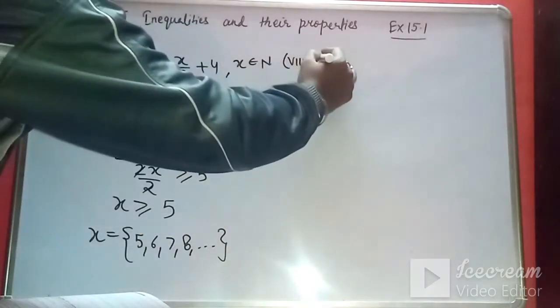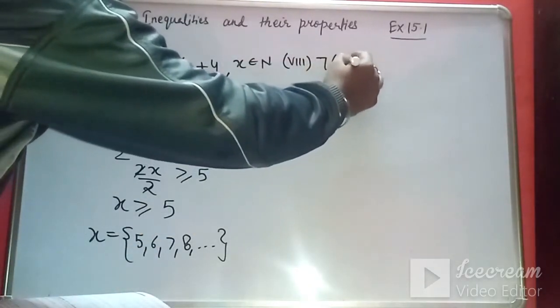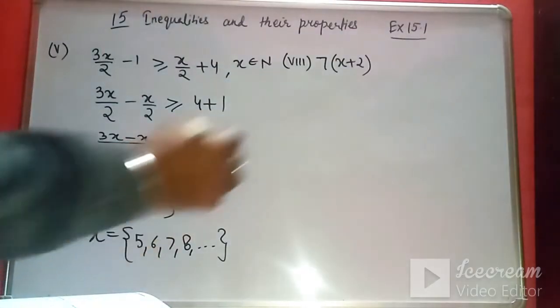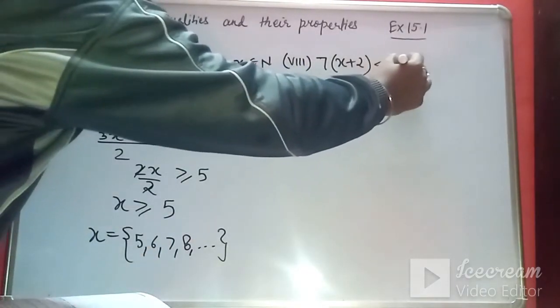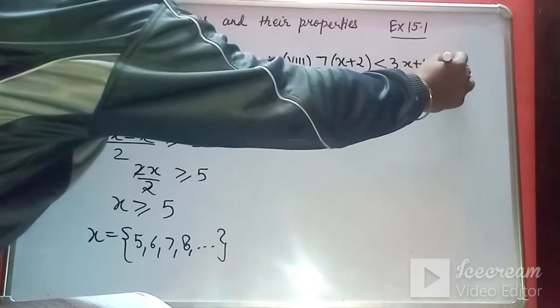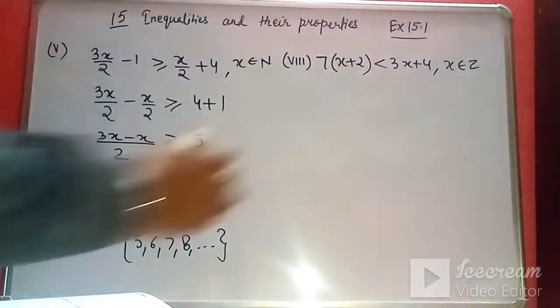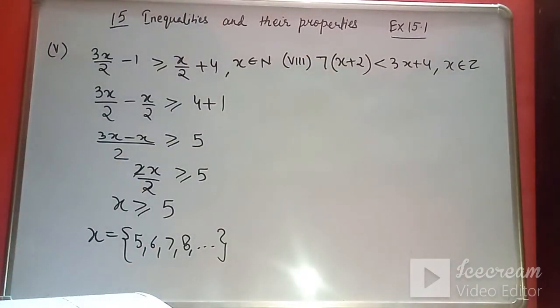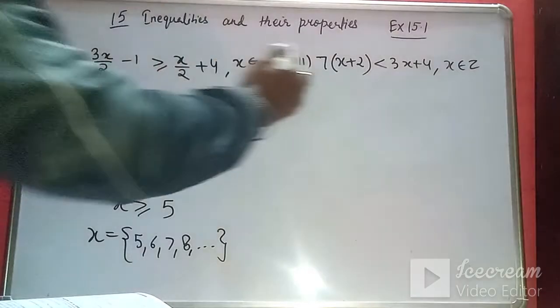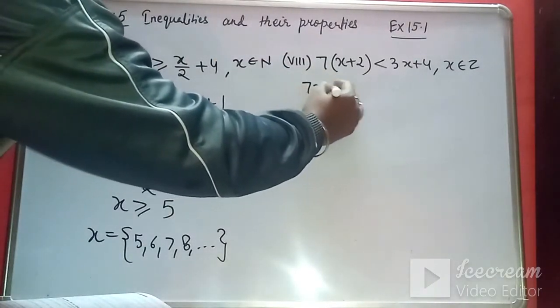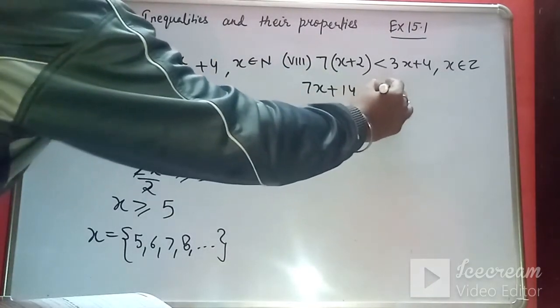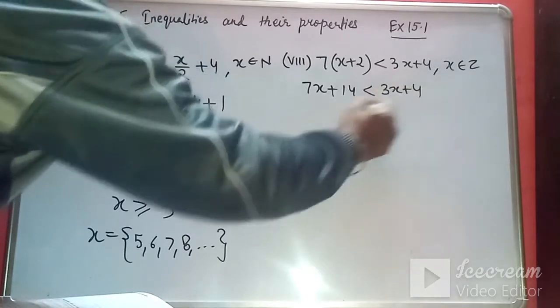Then suppose it is like this, something less than 3x plus 4, where x belongs to integers. So it will be 7x plus 14 less than 3x plus 4.